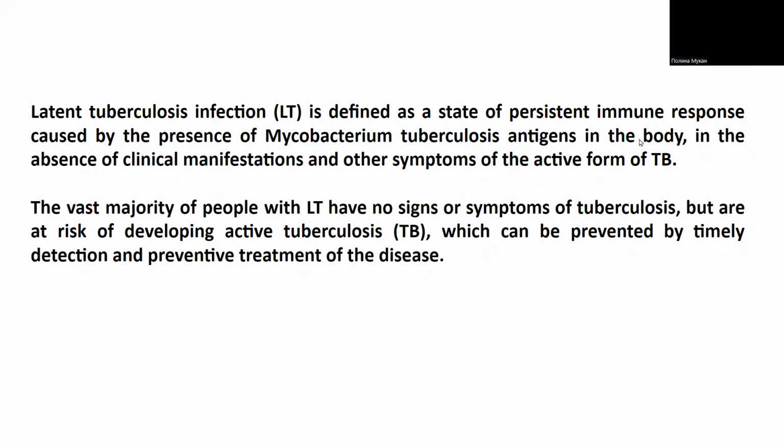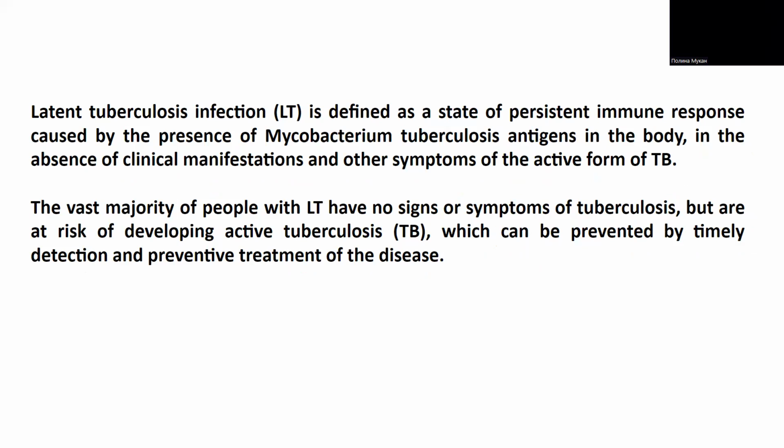Latent tuberculosis infection is defined as a state of persistent immune response caused by the presence of Mycobacterium tuberculosis antigen in the body, in the absence of clinical manifestations and other symptoms of the active form of tuberculosis.